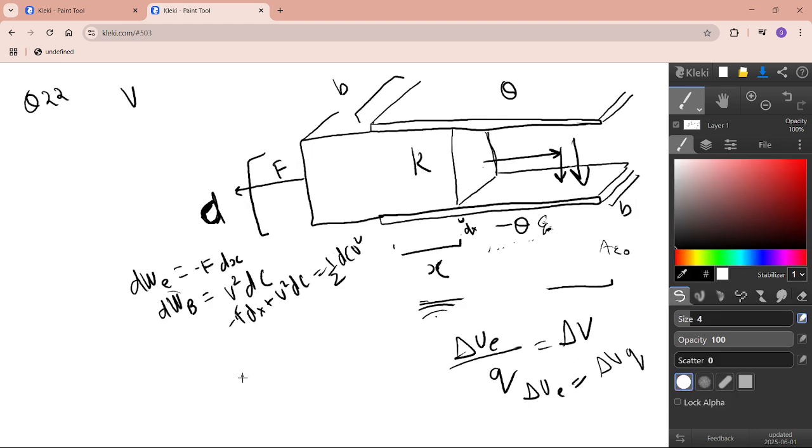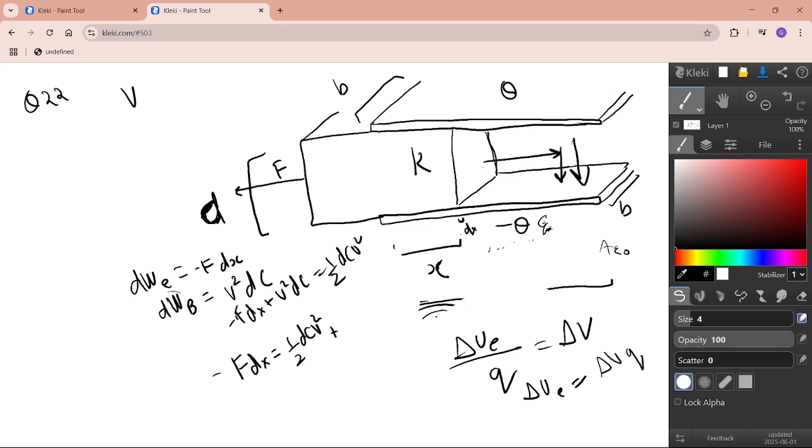The second way to make the equation is you can include the electrons in the system. You can say the work done by the external force is the change in potential energy, the final minus initial. So half dc v square and the change in the potential energy of the electrons. The change, of course, is negative because they're moving from a higher potential energy to a lower potential energy.